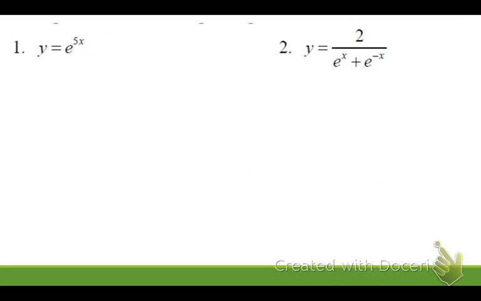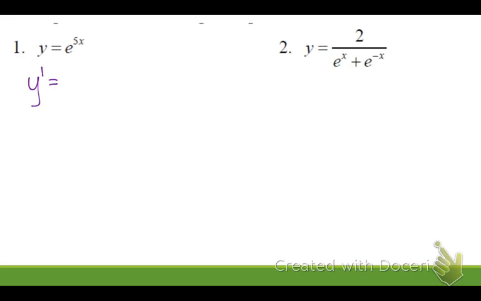Alright, let's do some examples. On this first one, y equals e to the 5x. What's the inside function? E? That is actually the outside function. 5x is the inside function. So the derivative of e to the 5x, y prime equals, good, the derivative of e to anything is e to the same thing.